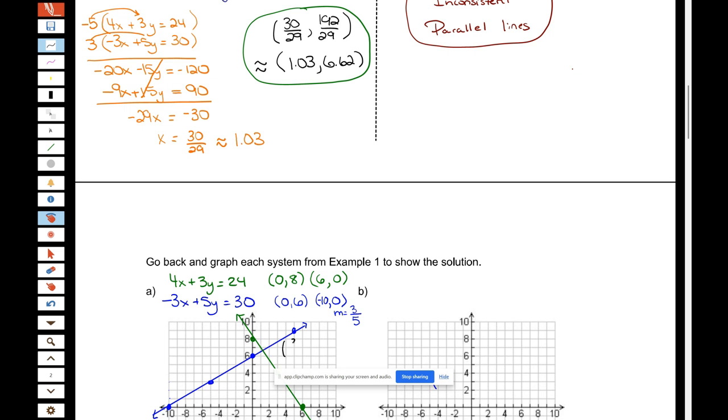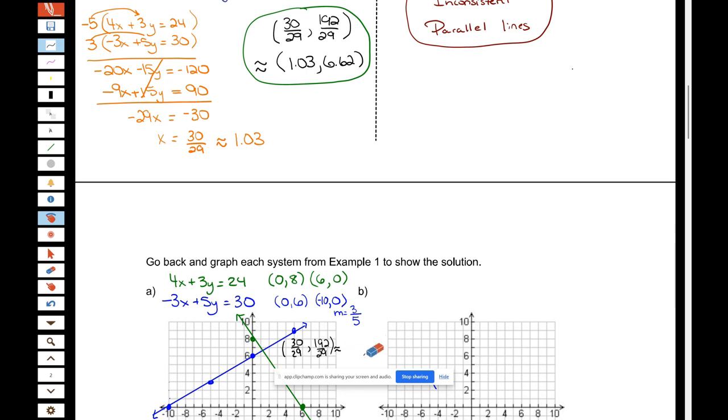So this is 30 over 29, 192 over 29, which is approximately 1.03, 6.62. And you can also confirm that on Desmos to make sure that it's the correct answer, which I already did. So we don't need to do it again.